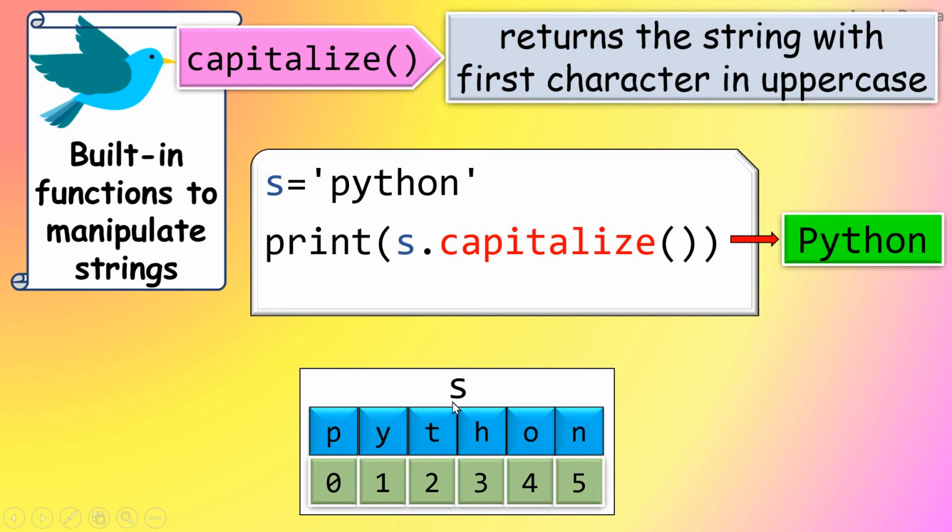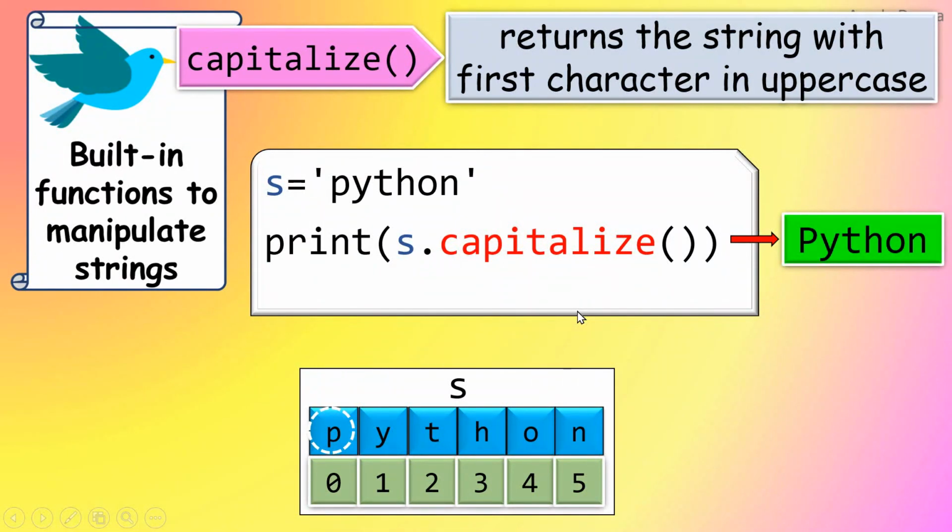Look at the string s. Here the first character p is in lowercase. In the output, the capitalize function has returned the same string Python with the first character in uppercase.